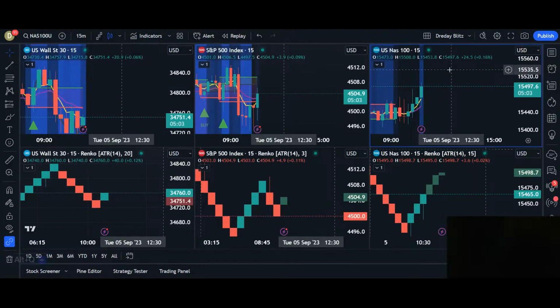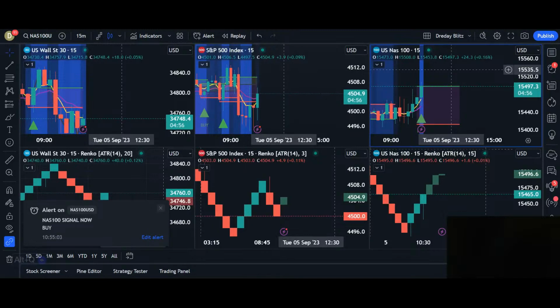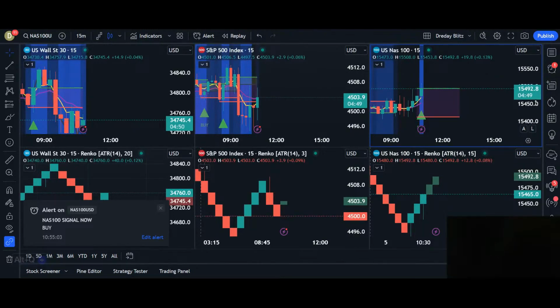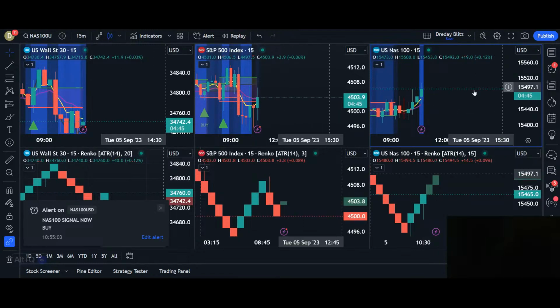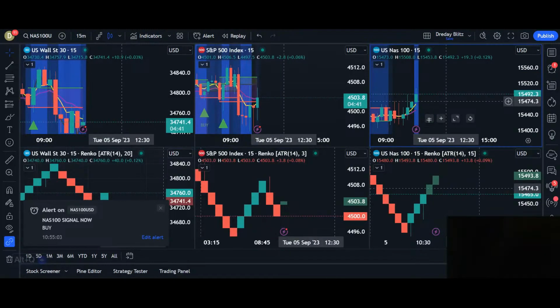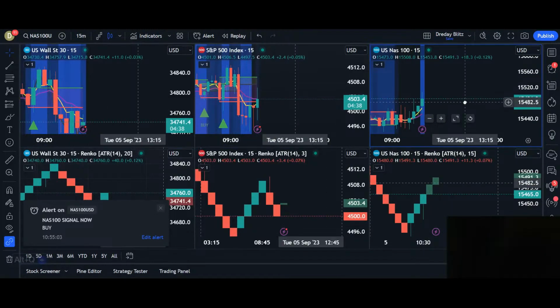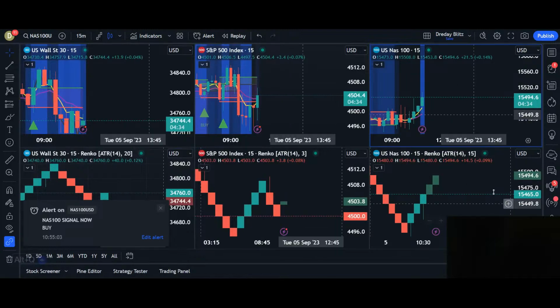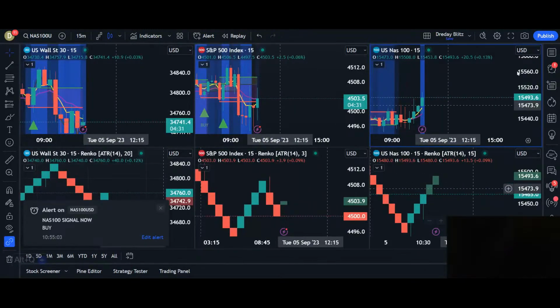If you were not here at the beginning of the session, you just have to go back to the session. Oh, right now we have a buy on NASDAQ 100 that just came in. That's perfect. What I would do here is enter the trade, and I would wait for the next reversal to get out.